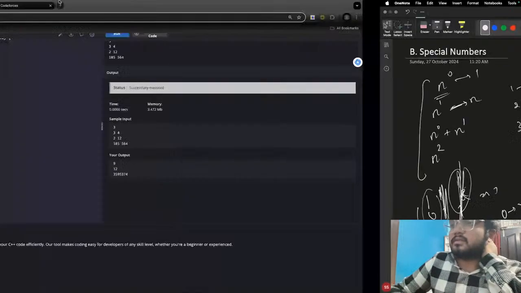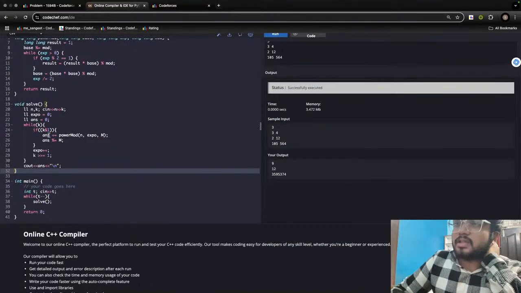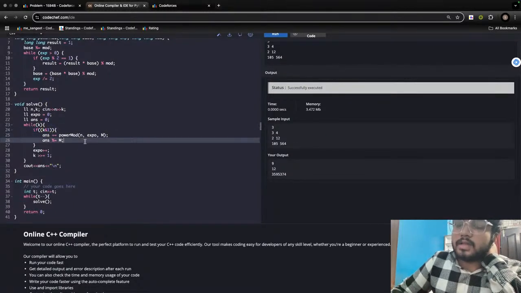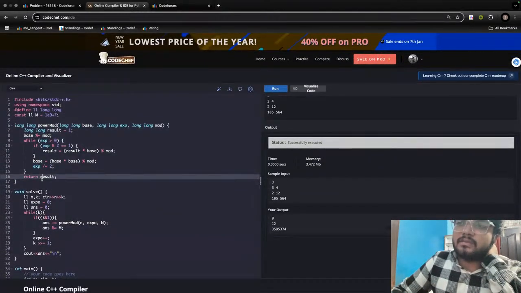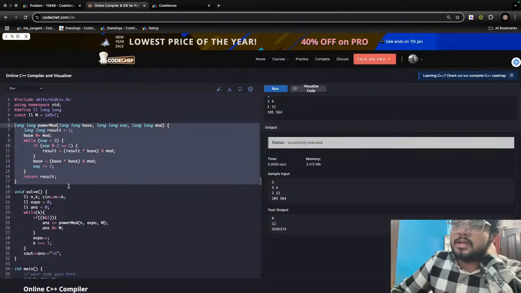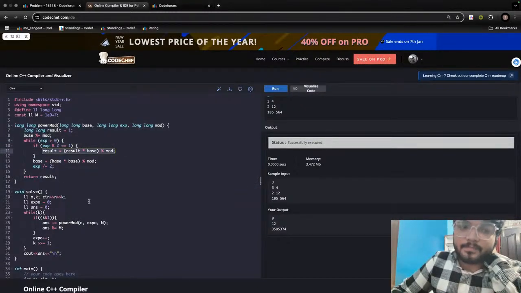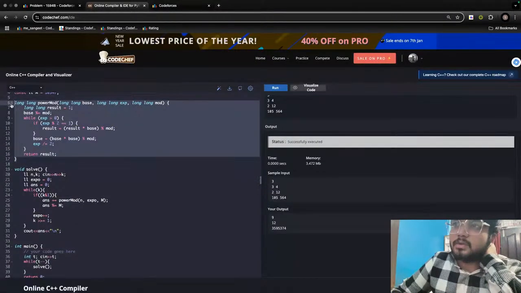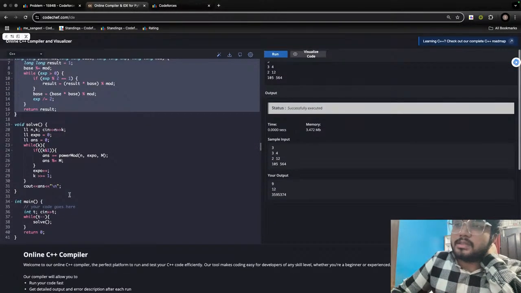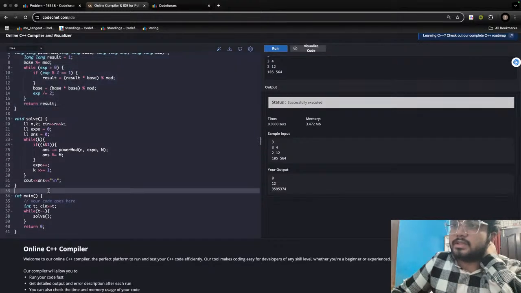Similarly, we are checking this operation, and if the bit is set, then we are adding n raised to the power exponent using this power mod function. This is a binary exponentiation function, a normal power function. The difference is that we are doing the modulus operation here. You can learn about this, it is the topic of binary exponentiation.